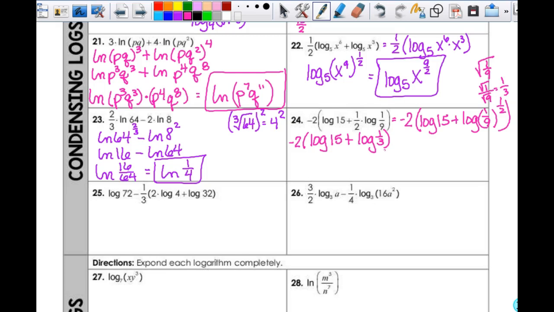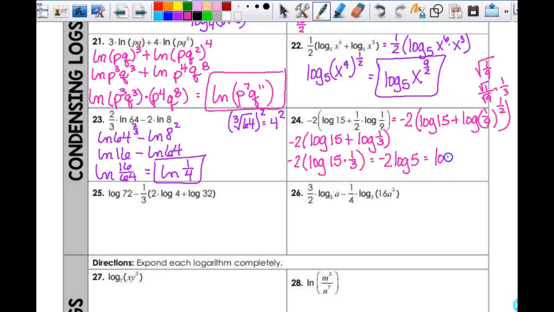This is addition, which means I'm going to multiply. So that means this is going to give me -2 times the log of 15 times 1/3. Well, what's 15 times 1/3? 5, right? It's like 15 over 1, so we get 15 over 3 is 5. So this gives me -2 times the log of 5. That becomes an exponent.